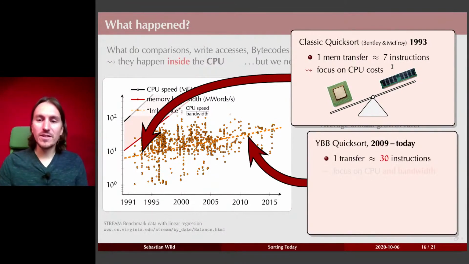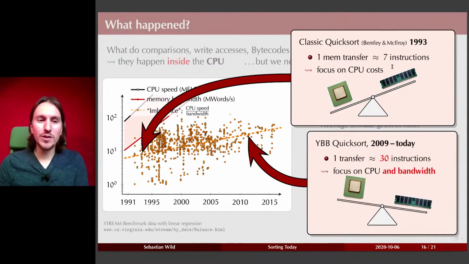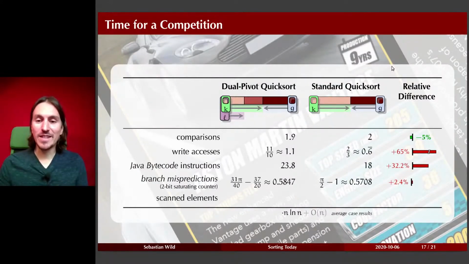But by now, the weights have shifted to roughly 4 to 5 times as much. One memory transfer costs 30 instructions in the CPU. So now it doesn't make too much sense to focus on CPU cost only. You have to take the bandwidth into account.